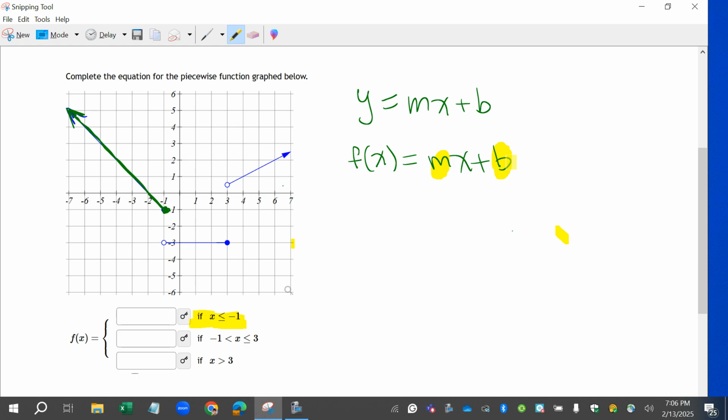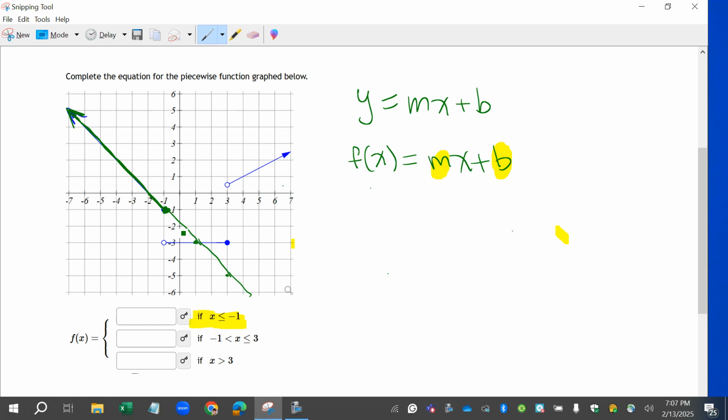So I think I'd like to find the y-intercept first. So I'm going to go ahead and extend the graph of this function, just pretending like it's going to keep going, right? So I'm going to connect and keep going.